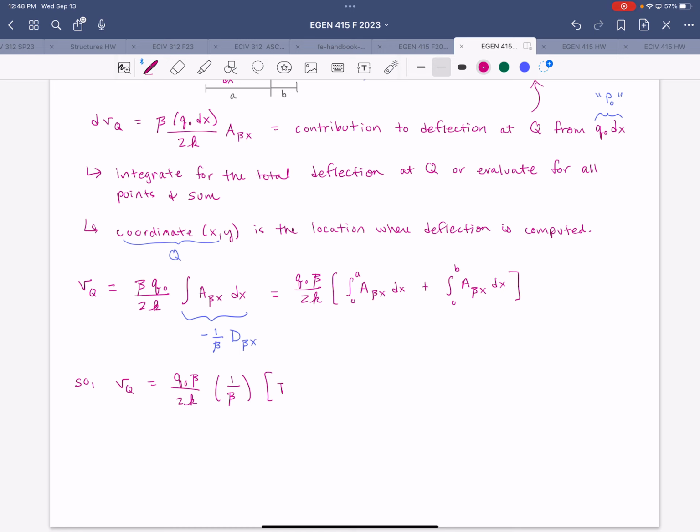So we have D at beta 0 minus D at beta lowercase a plus D at beta 0 minus D at beta lowercase b.